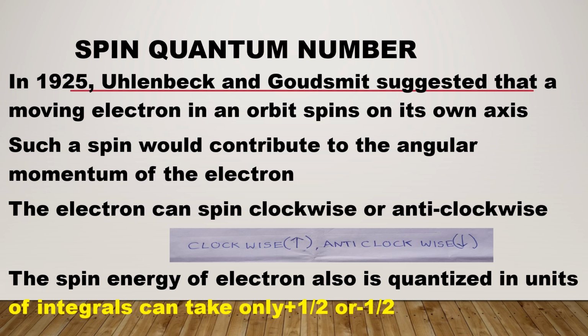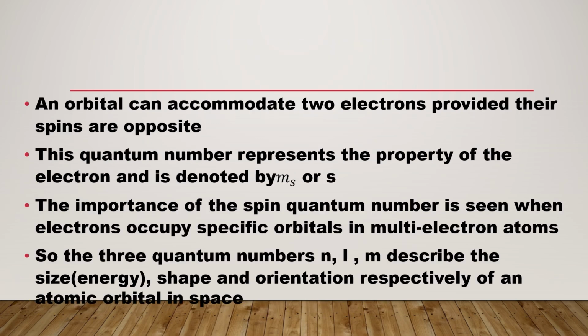The spin energy of electrons also is quantized in units of half integrals. ms can take only two values, plus half or minus half. Quantized means restricted to only certain values. An orbital can accommodate two electrons provided their spins are opposite.